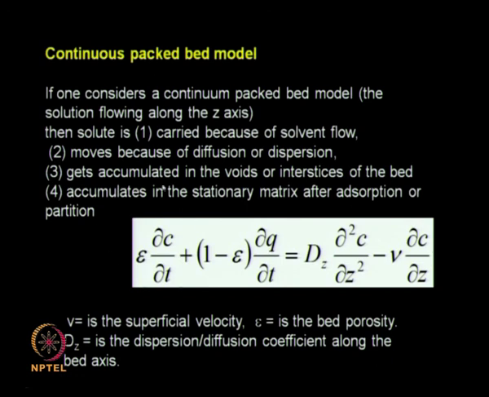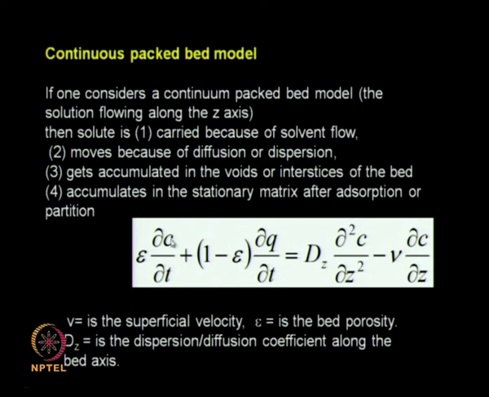So the left hand side is all related to accumulation, the right hand side has two terms, one related to the diffusion or dispersion of the solute along the bed axis, the other one comes because of the movement of the solvent, and this is how we end up with a partial differential equation. We have z, the axis of the column, so there is going to be concentration variation along the axis of the column, and concentration as a function of time as well, that is why we have t coming here.